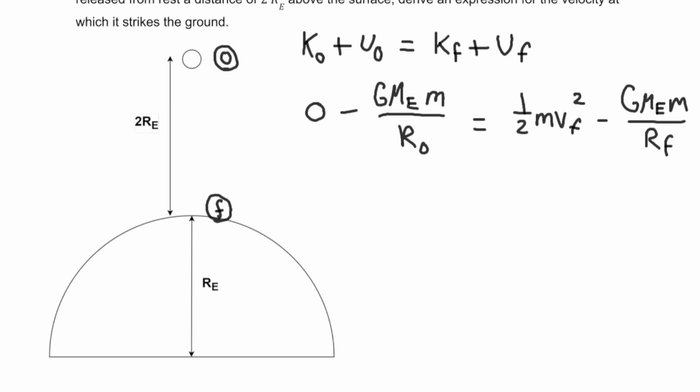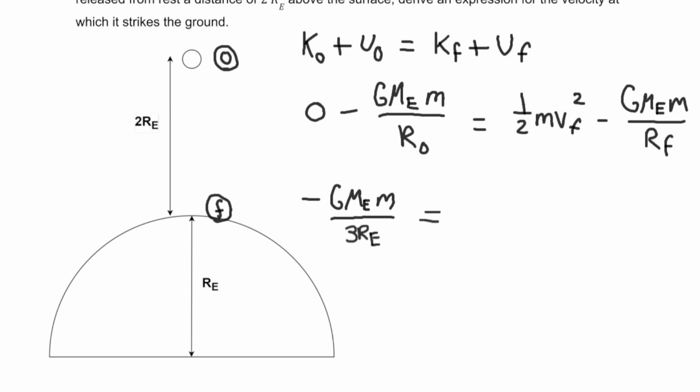So first, we get negative GM over how far away am I from the center to start? Well, I'm R to get to the surface, so that's R. But then I have to go up another 2R to get to the top. So it's actually 3R that goes in the bottom.